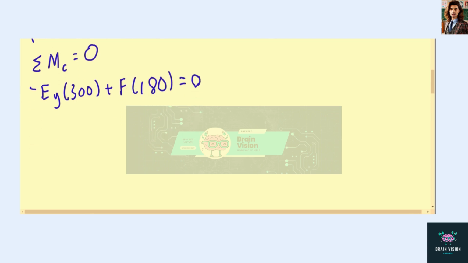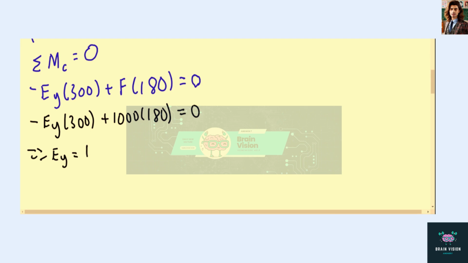And we can plug in f to get negative e of y times 300 plus 1000 times 180 is equal to 0. And solving for e of y, we'll get a value of 600 newtons.